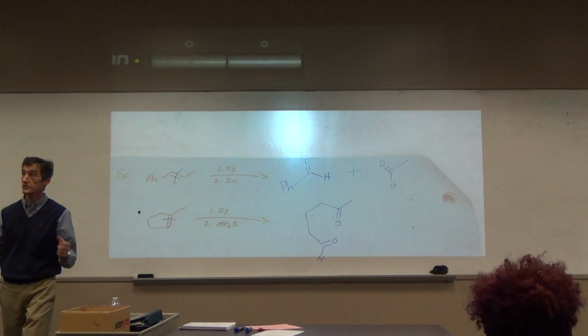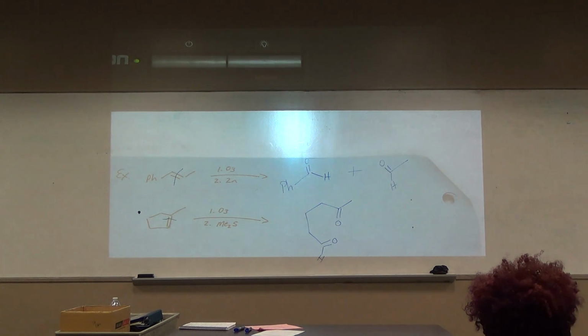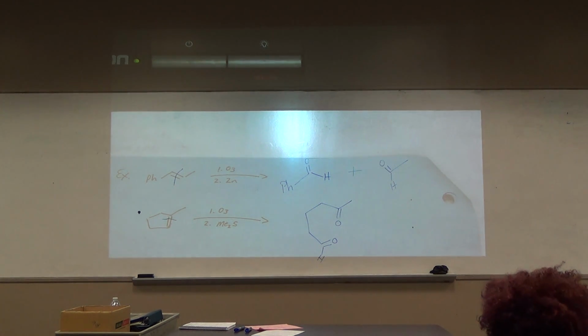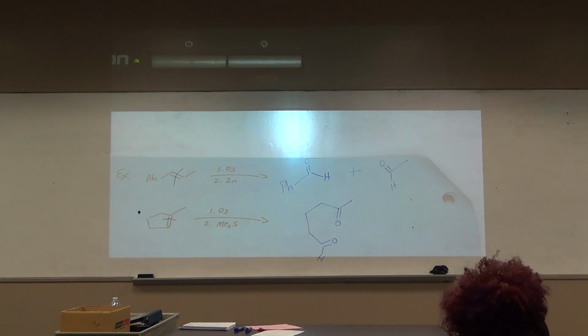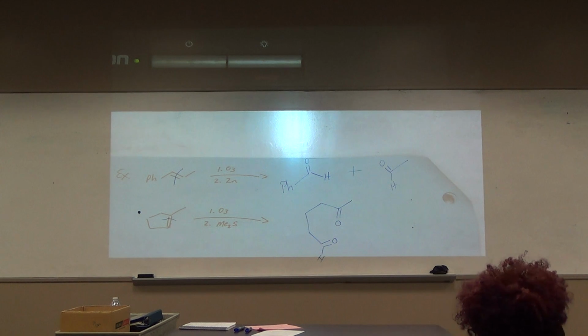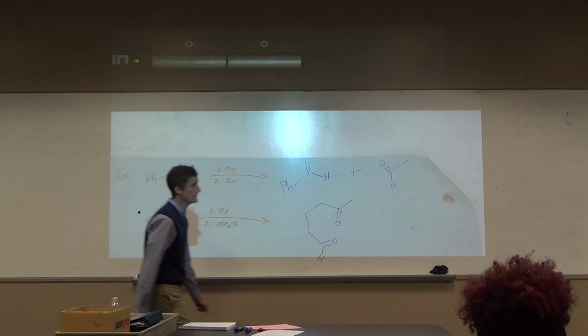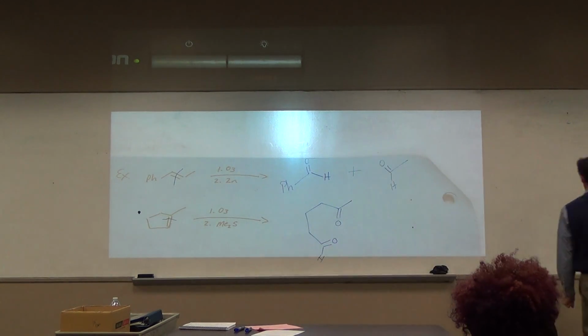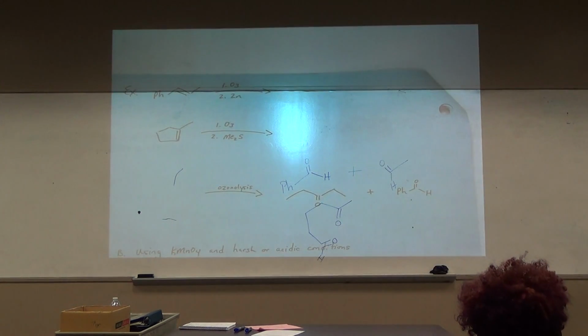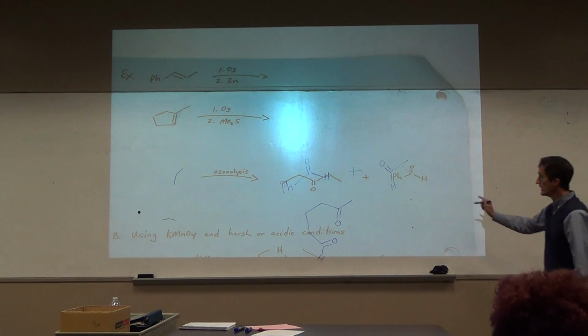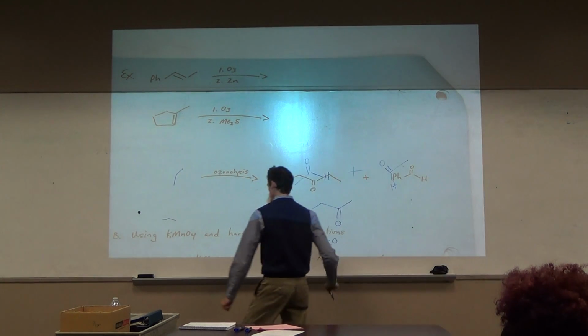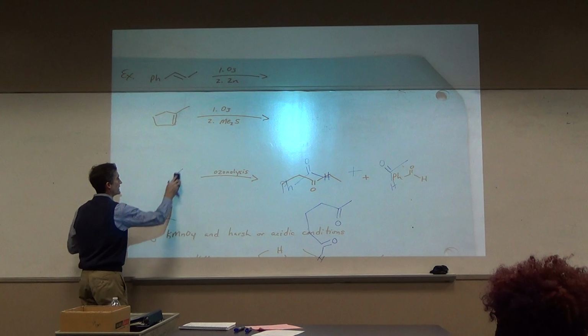So it's one molecule that has two carbonyls. Looks right? Well, six carbons total. Going backwards, what starting material would give those two products upon doing an ozonolysis?